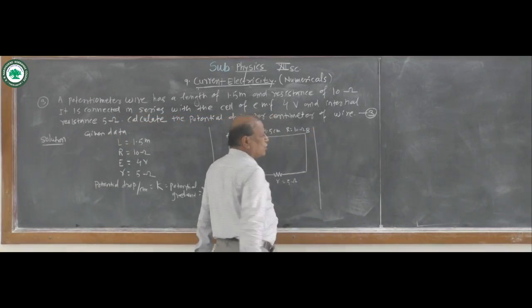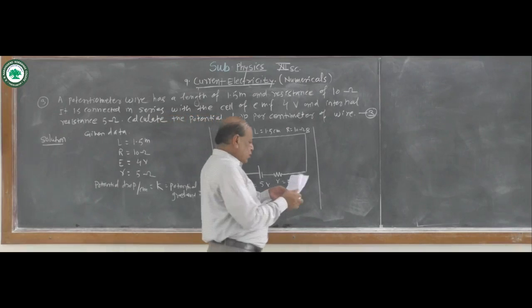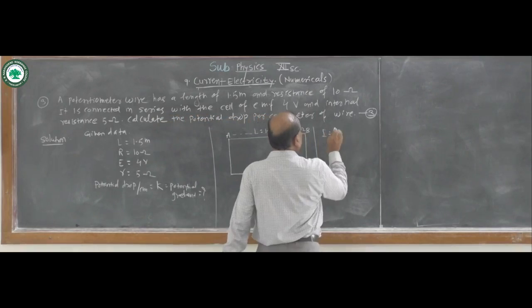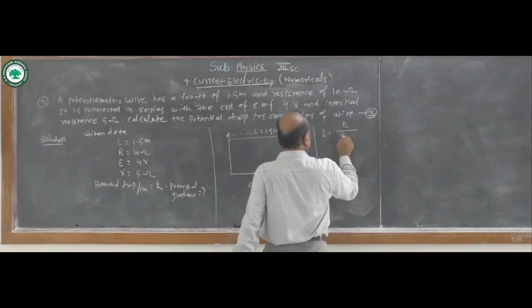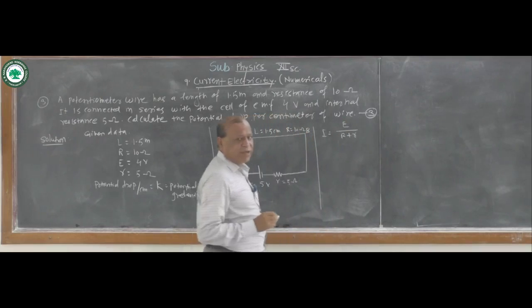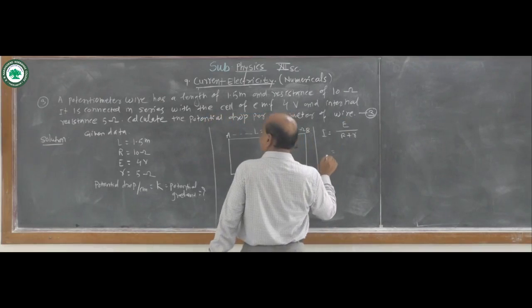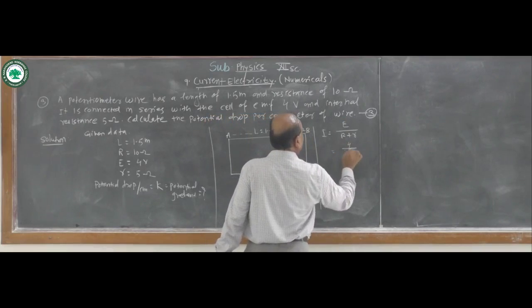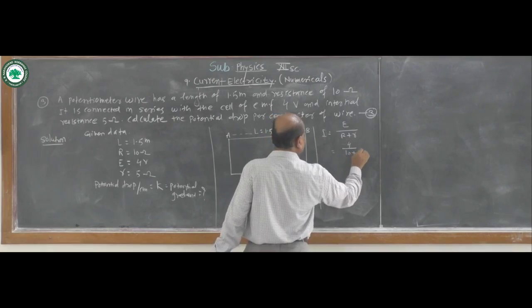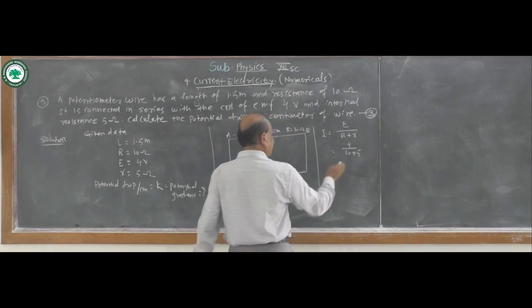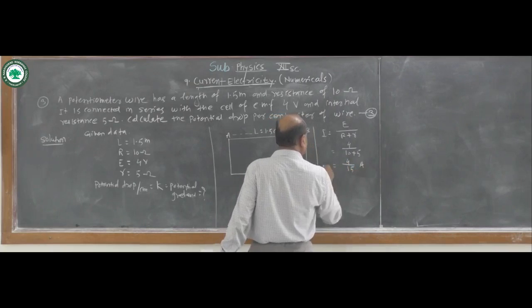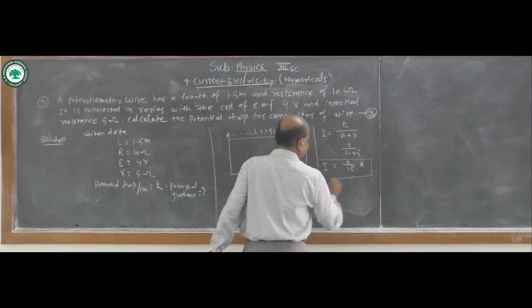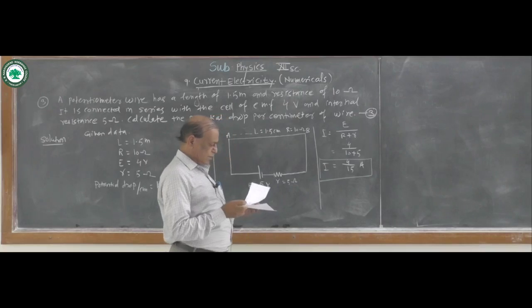Now first calculate the current. From Ohm's law applied to the complete circuit, I is equal to E divided by R plus r. I is equal to 4 divided by 10 plus 5, that is 4 divided by 15 ampere, the current flowing through this circuit.